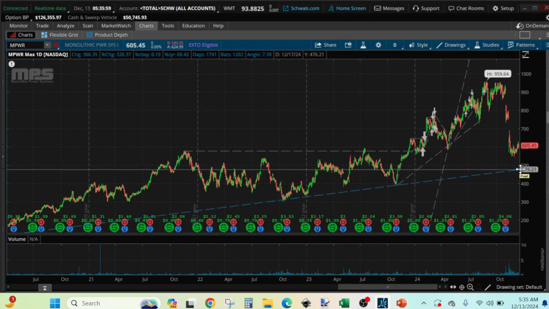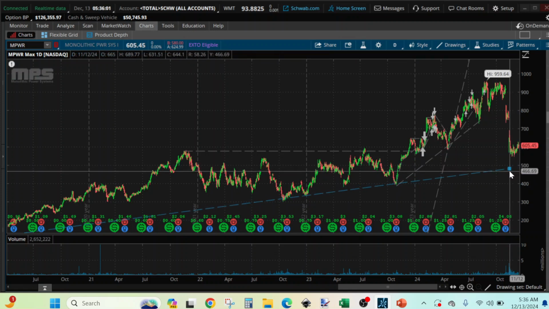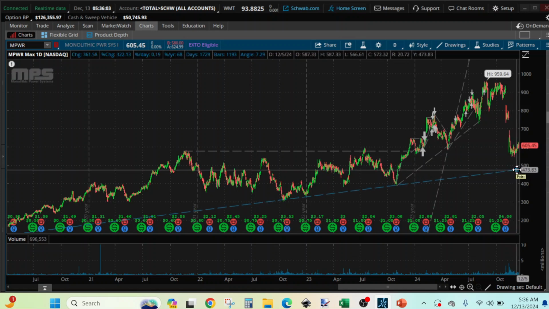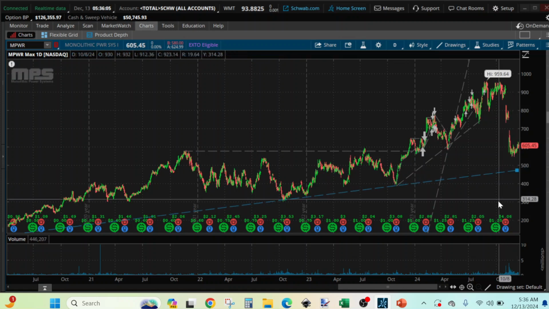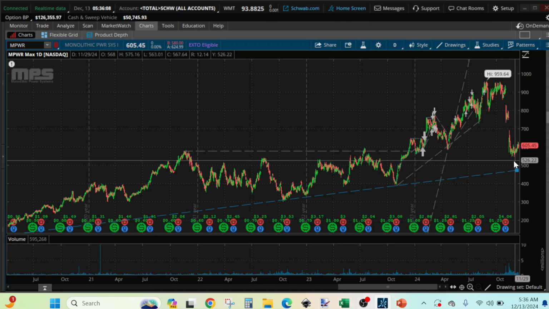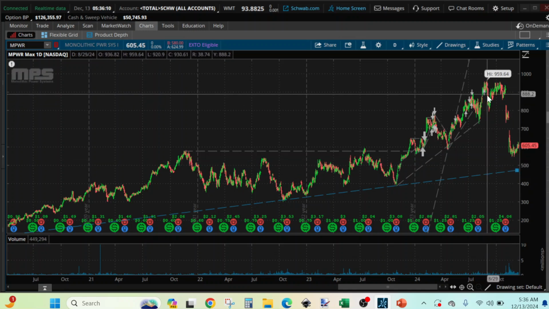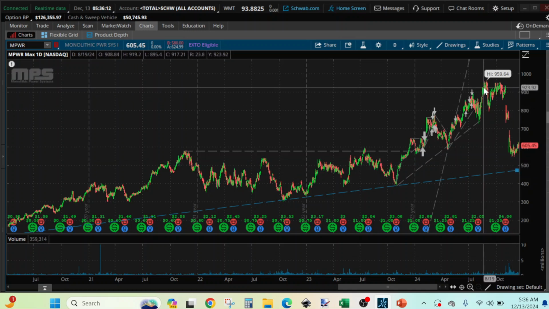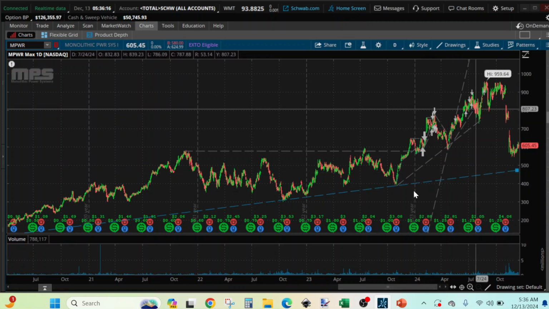Let's touch just the bottom of those lows. Okay, let's try again. Should be fine. But yeah, that's where we want to get in. But again, we bought it at a higher point here after trading it multiple times.